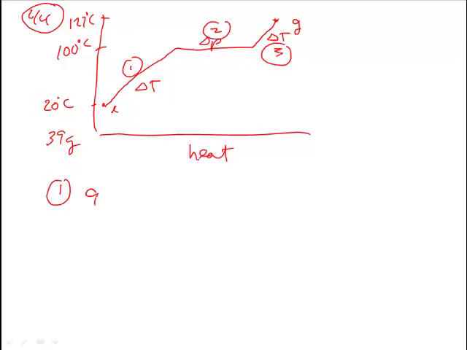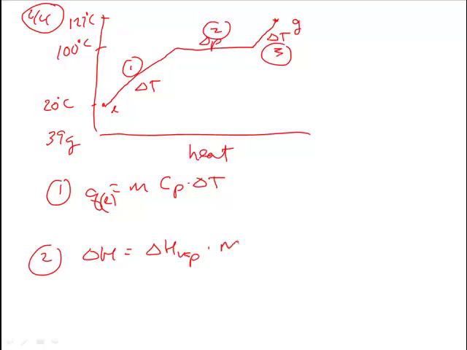For step 1, we use our Q equation for the liquid. For step 2, we use our delta H equation, which is the heat of vaporization times the mass. And for step 3, we use our Q equation for the gas.